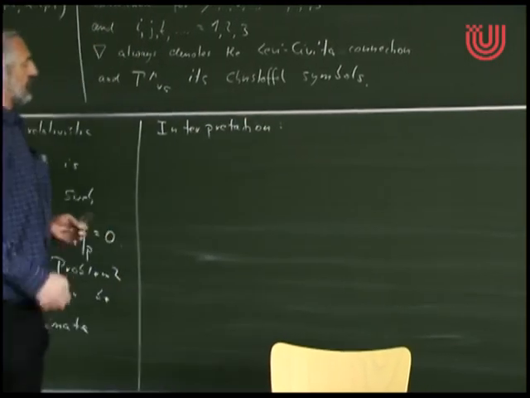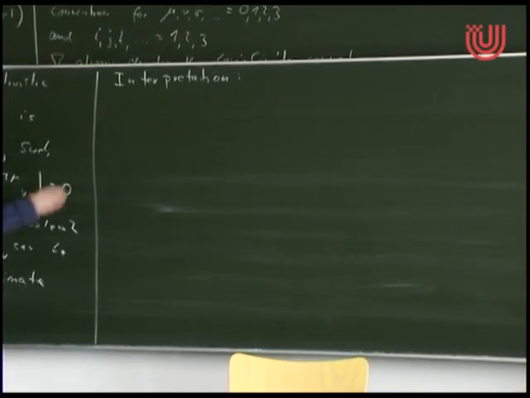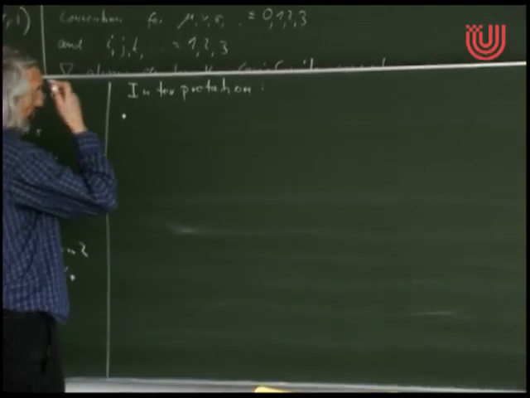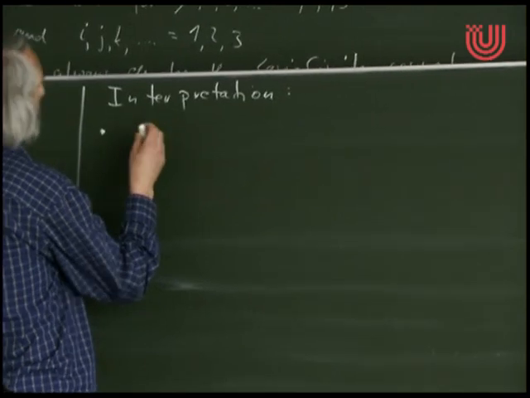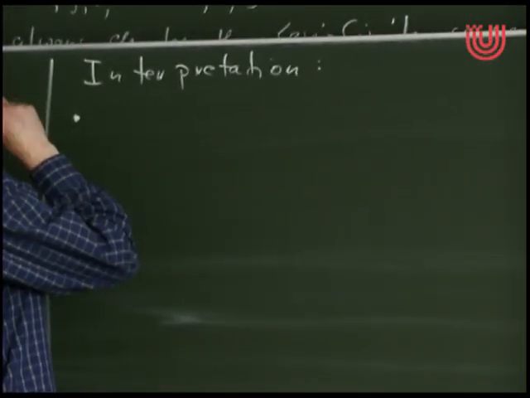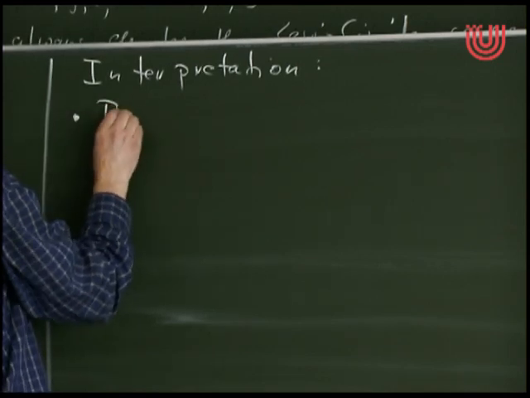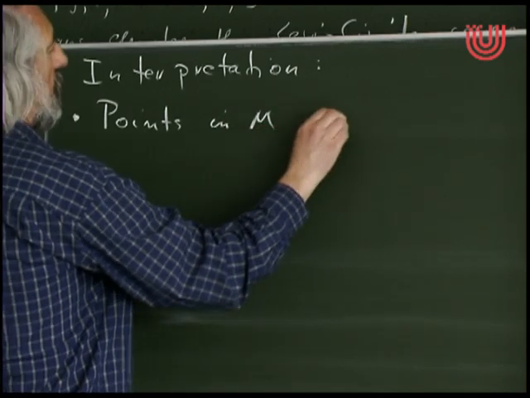So what objects in a general relativistic space-time can be associated with physics? The first thing, obviously, just for the sake of completeness, I write down what probably everyone was assuming, as it goes without saying: the points in M are events.